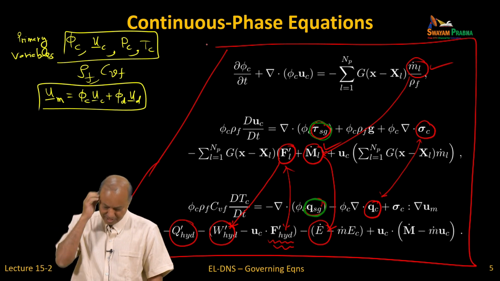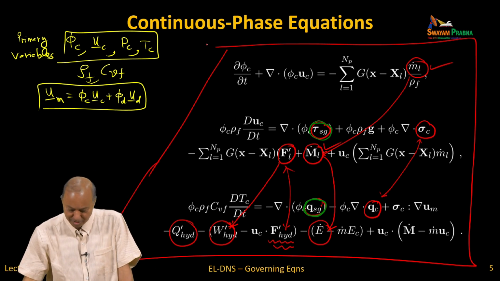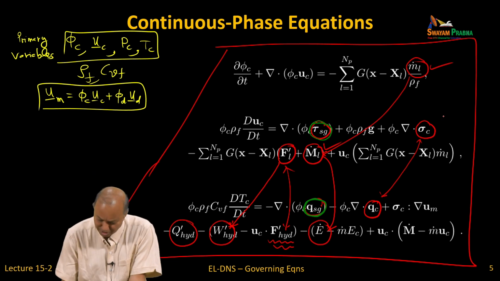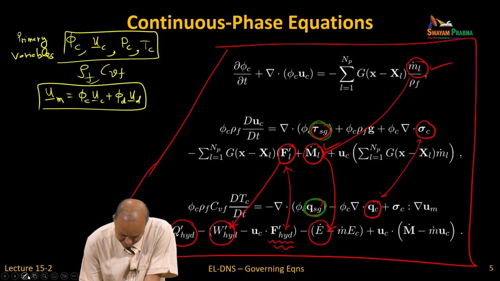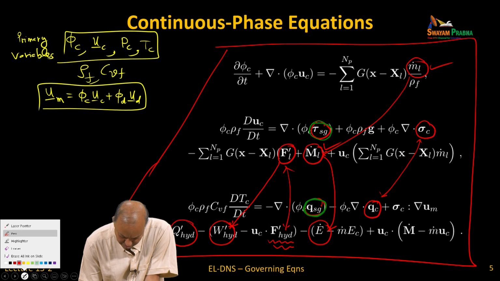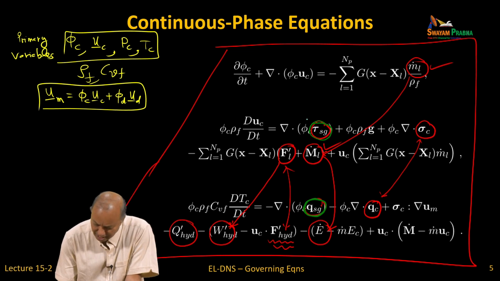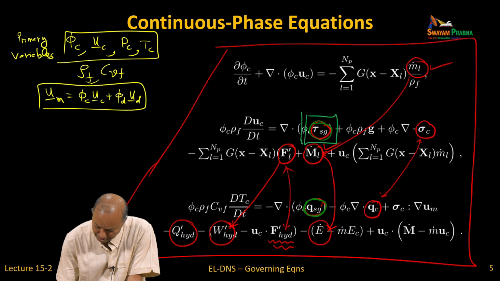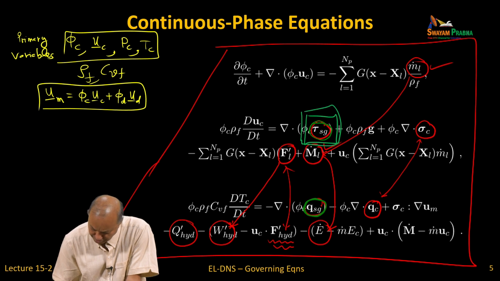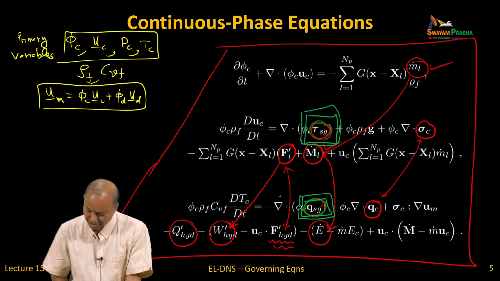Okay. So, in these circle terms I talked about, let me use a different pen. This is the subgrid stress term. These green things are subgrid stress terms.